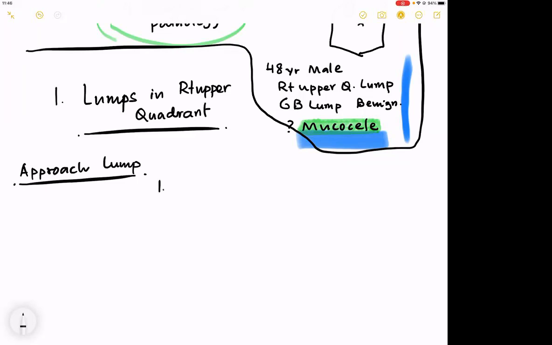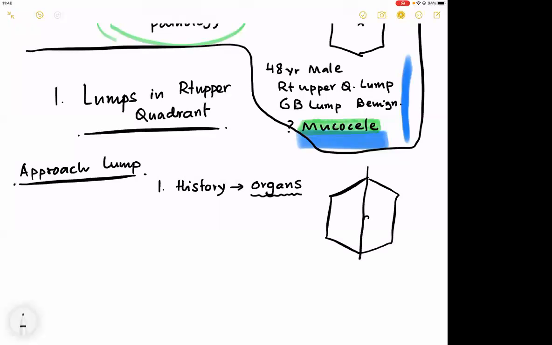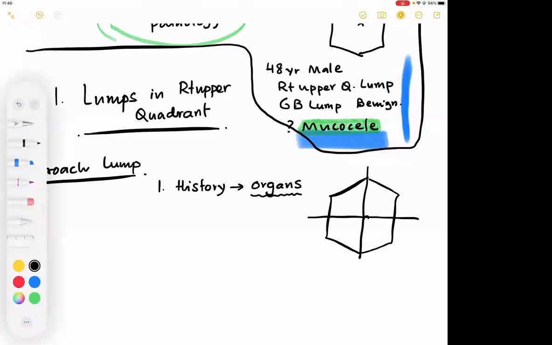What is your approach to any abdominal lump? Number one is a history that I take, and this history is focused on the various organs that are there in this area. Now, when I talk about the right upper part of the abdomen, what are the organs that will be here?